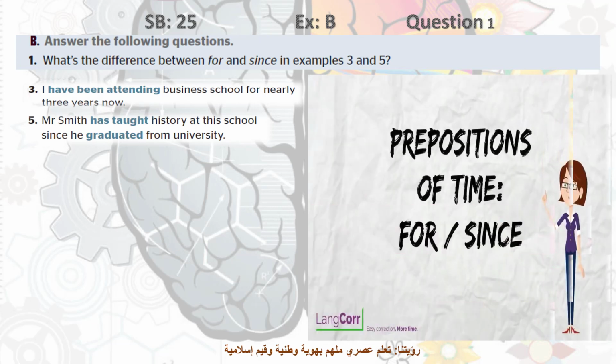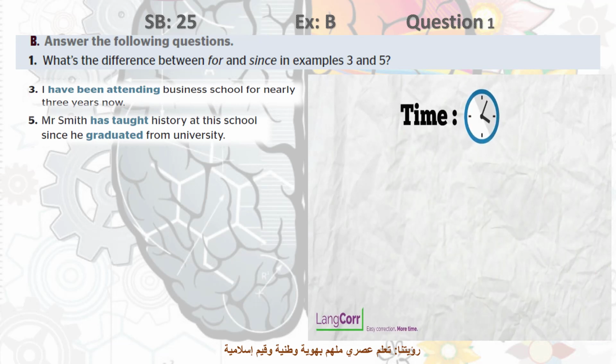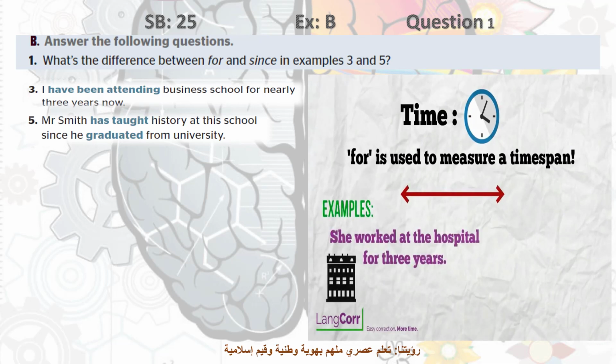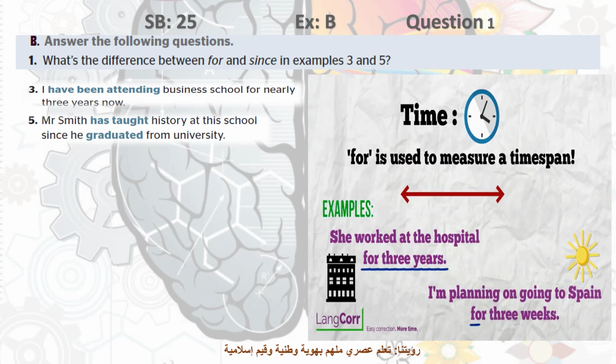In this film, we are going to have a look at a couple of prepositions of time that learners of English tend to confuse, namely for and since. When we talk about time, for is used to measure a time span. Here are a few examples. She worked at the hospital for 3 years, or I'm planning on going to Spain for 3 weeks.